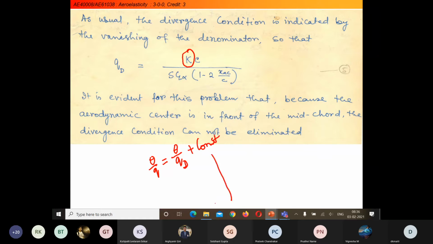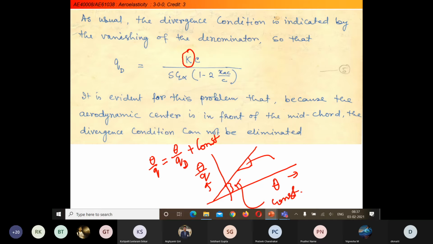So you get a straight line equation. If we plot theta by Q against theta, this will be the constant term, and the slope will be 1 by QD.